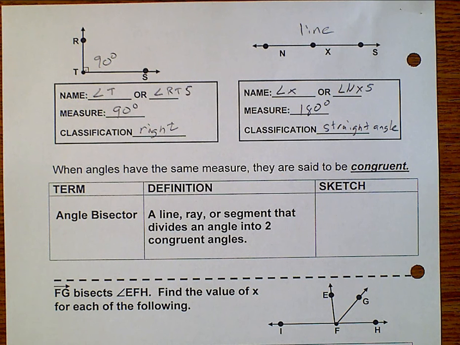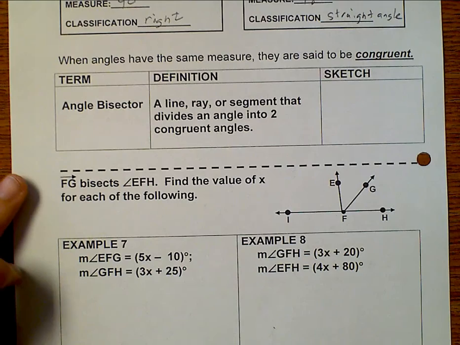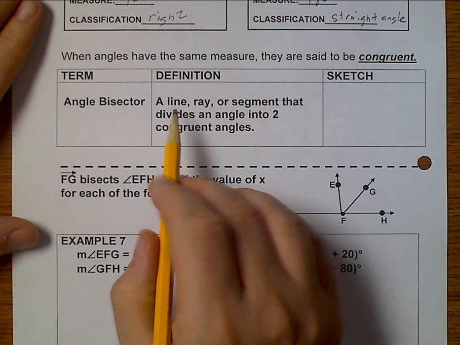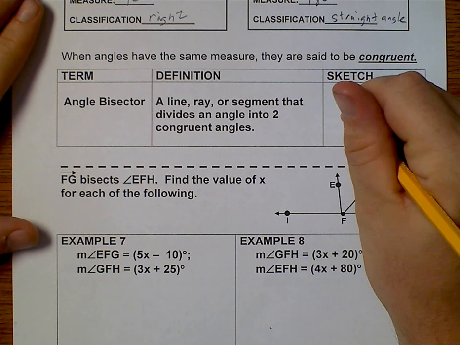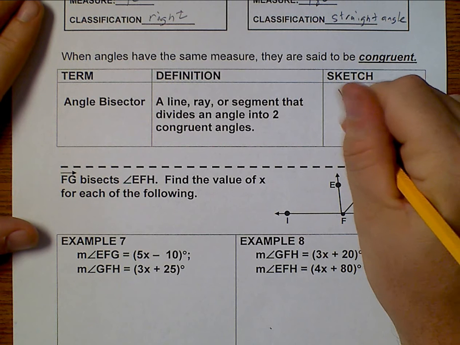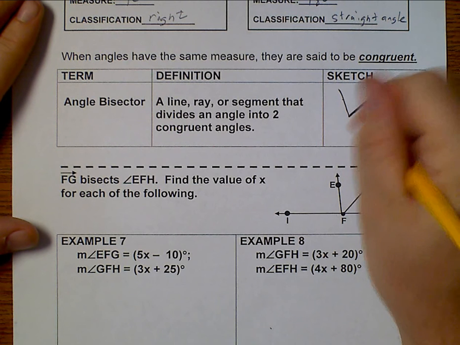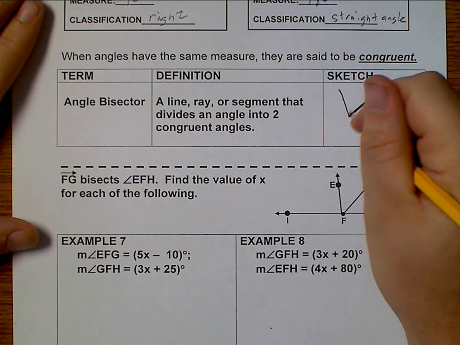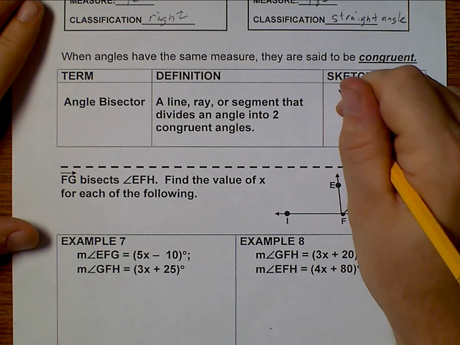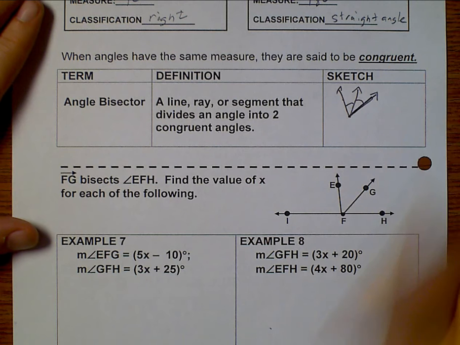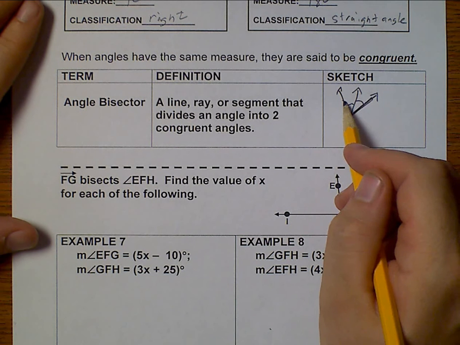We have one more vocabulary term that we need to talk about, and that would be an angle bisector, which is a line, ray, or segment that divides an angle into two congruent angles. What this means is that this part is the same size as that part.